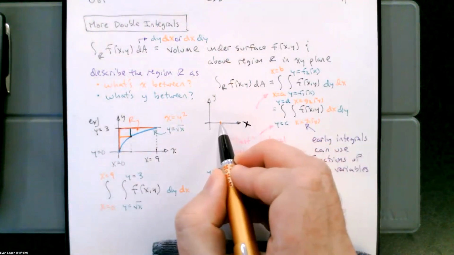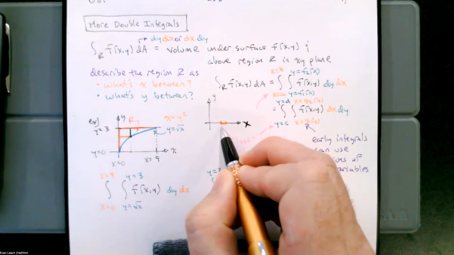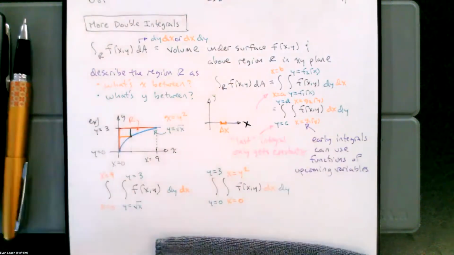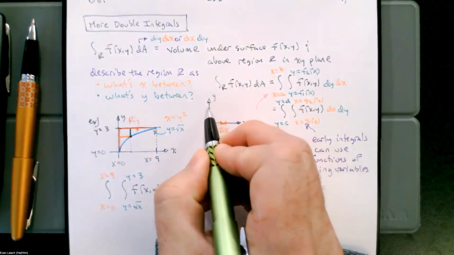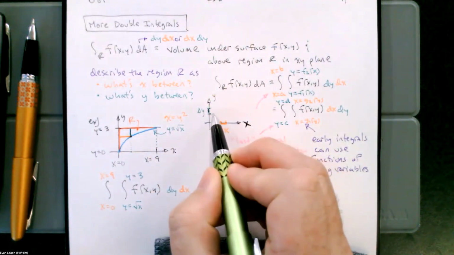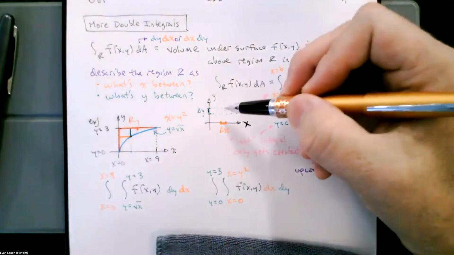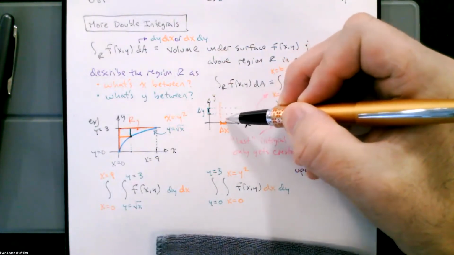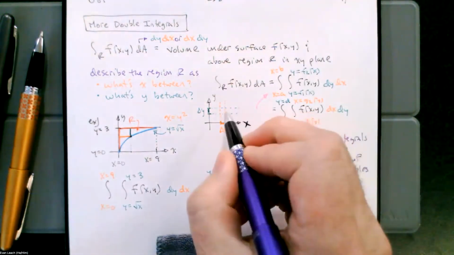Remember what we did in single variable calculus is we broke the interval up into a bunch of little dx's. All we're doing now is also breaking up the y interval into a bunch of delta y. And then if we find the intersection of these two intervals, that gives us this little square we call dA.